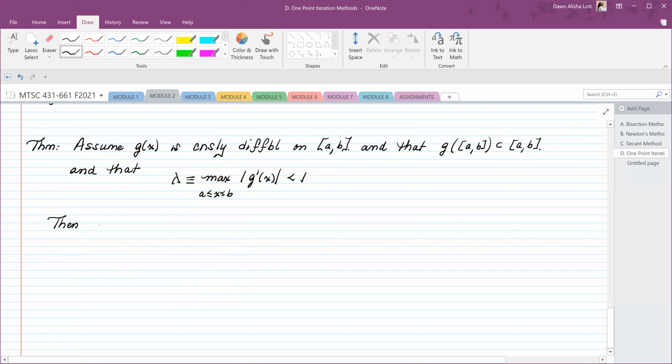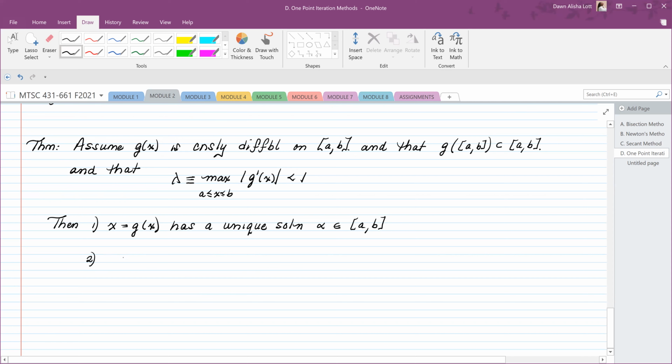Okay, so the first thing is that X equals G of X has a unique solution, we called it alpha, inside the interval AB. Now that just comes from the previous theorem because my lambda is less than 1.